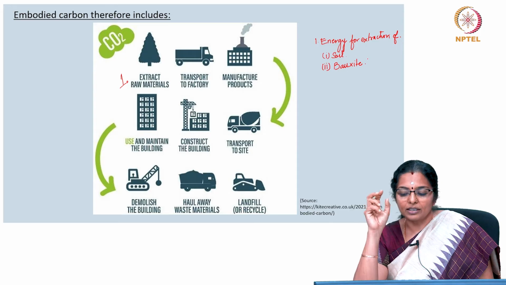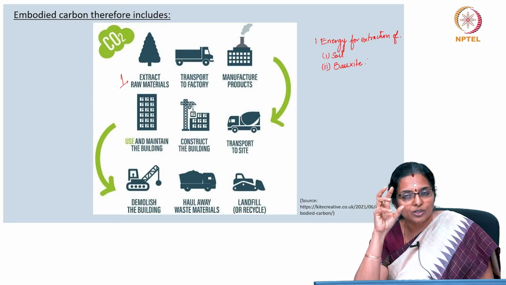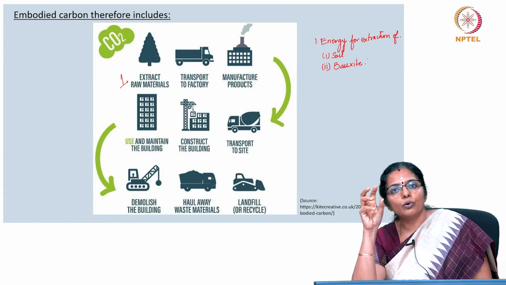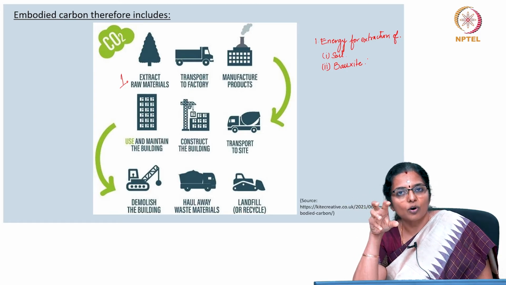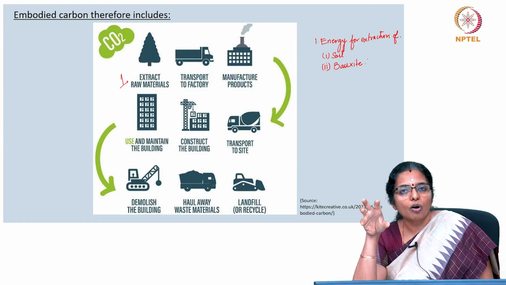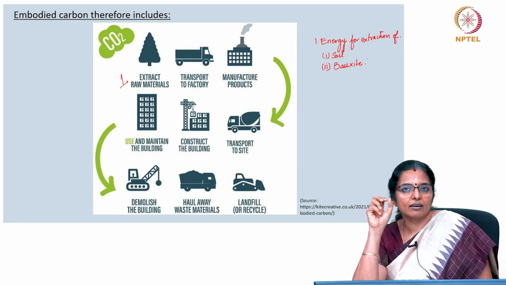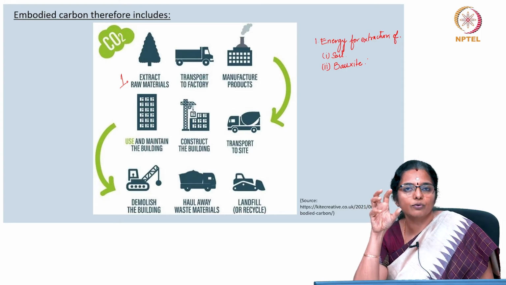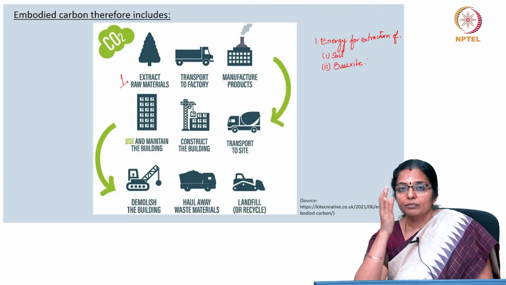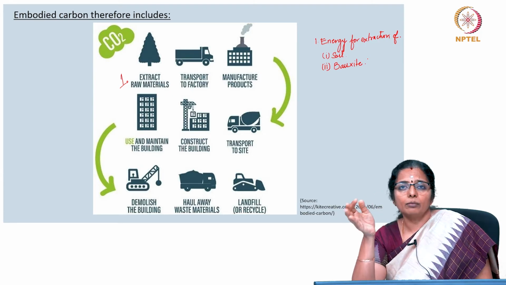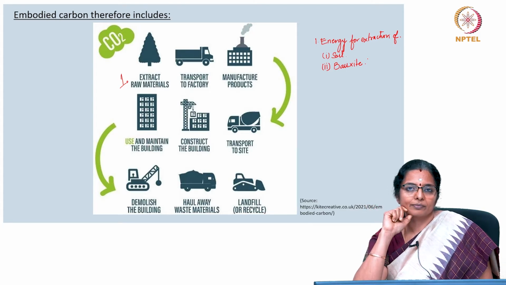Can you imagine what you would do to extract soil for brick? What would you do to extract bauxite from a forest area, from almost a virgin forest area? You go to a virgin forest area, clear the forest, mine for bauxite and take the bauxite. So, for a brick and aluminum product, now you have the raw material extracted.